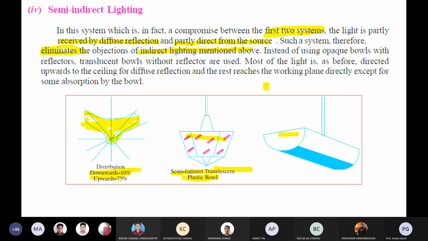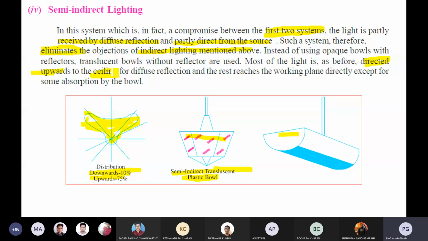directed upwards to the ceiling for diffuse reflection, and the rest reaches the work plane directly, after transmission through the bowl.